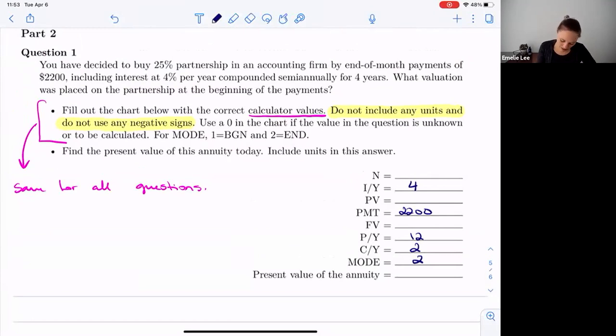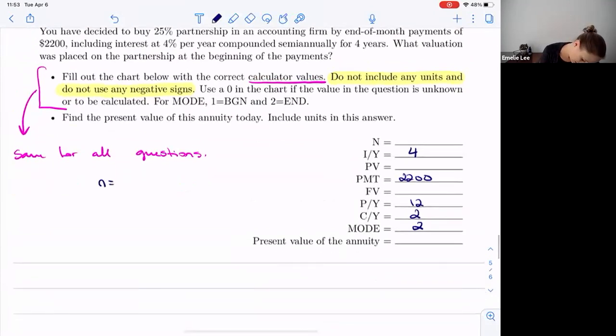How many payments am I making? Well, N is the time times the frequency, which is 4 years times 12 payments per year. 4 times 12 is 48 payments. So N is 48.